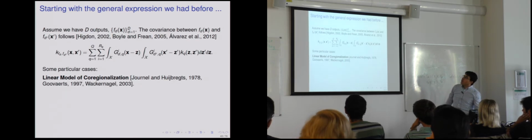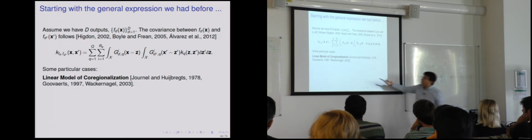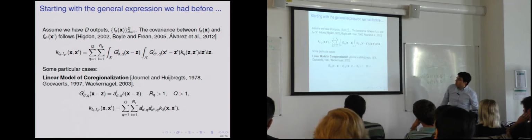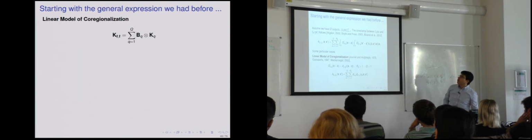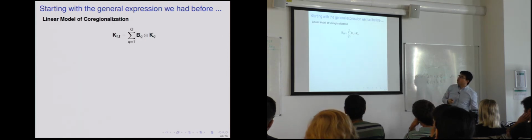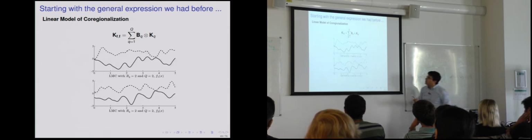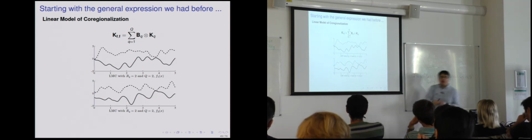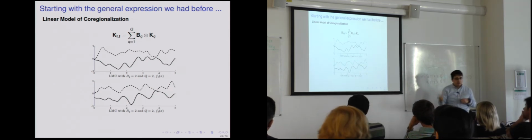The linear model of coregionalization just makes these smoothing kernels equal to Dirac deltas, and then I get the double sum that we had before. This is the matrix version, and these are again two samples from the process. Here I'm trying to combine latent processes that have longer and shorter length scales.